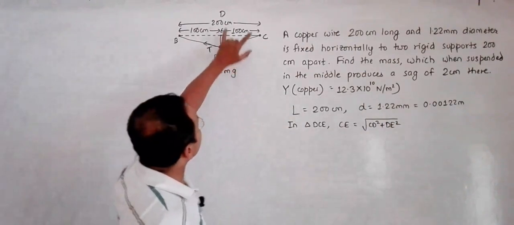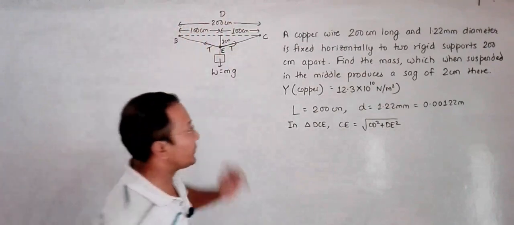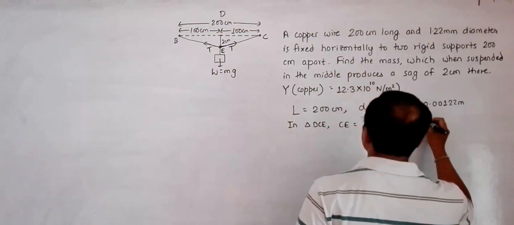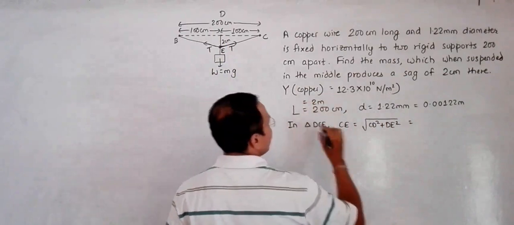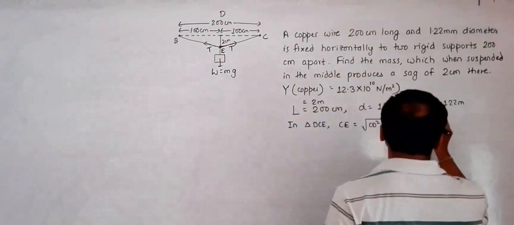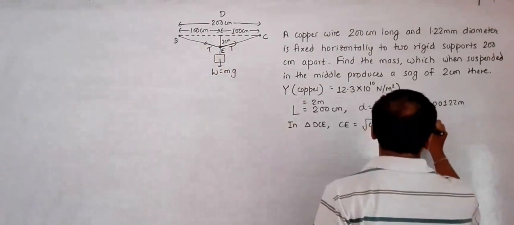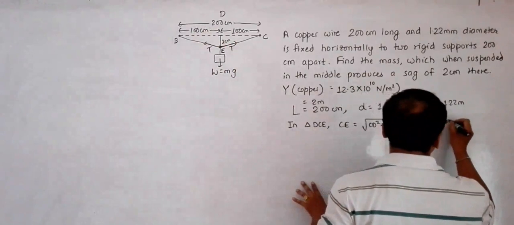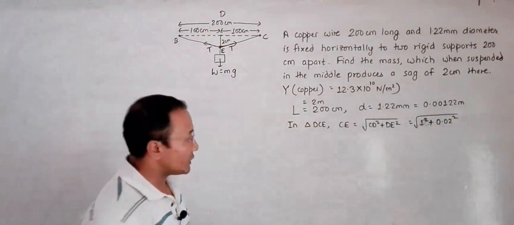So CE squared is equal to CD squared plus DE squared according to Pythagoras theorem. CD is 100 centimeter, so let us name it as 1 meter. So CE is equal to the root of 1 squared plus 0.02 squared, since this is 2 centimeters.